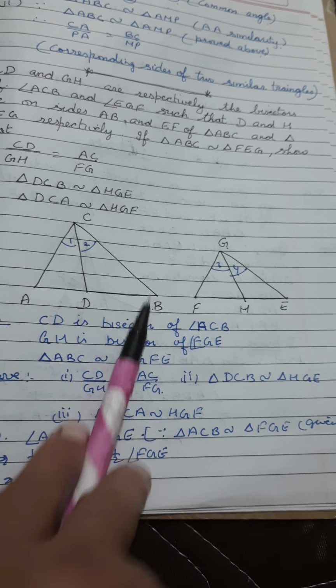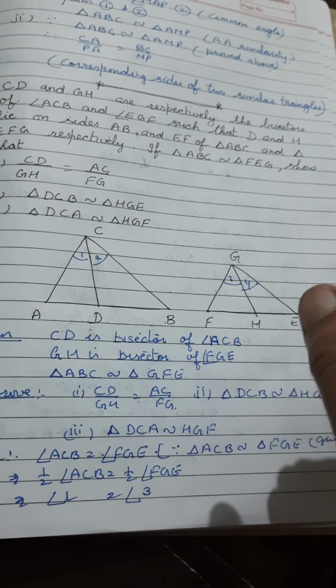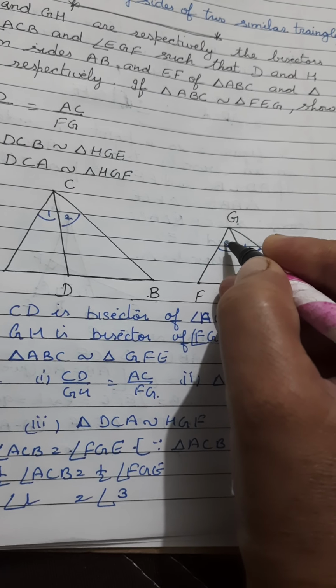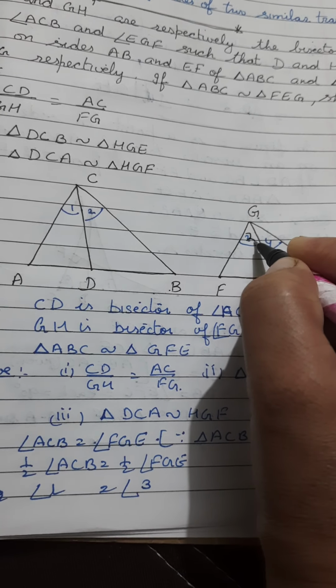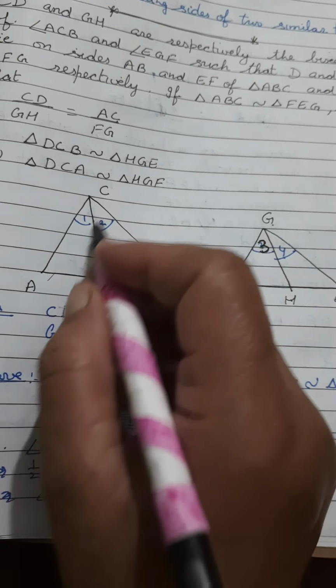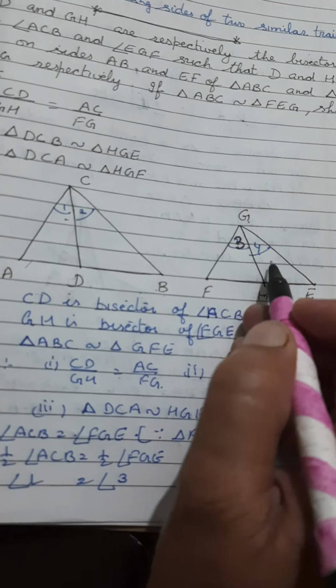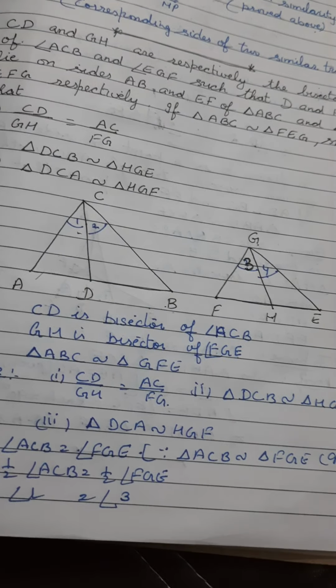Means this angle 1 is equal to angle 3. Half of this angle is equal to half of this angle. Then angle 1 is equal to angle 3.